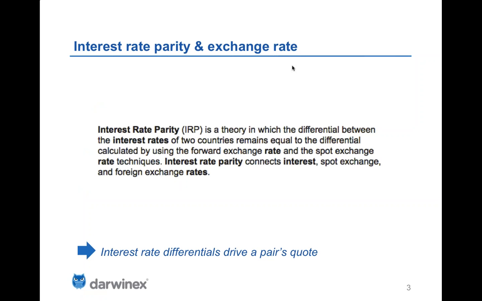So the interest rate parity is the theory that ties together the exchange rate between any two currencies and the interest rate that they quote. The parity connects interest, spot exchange, and foreign exchange rates in the sense that you can hold your money, say, in euros for the next 3 months, and that's going to pay you a certain interest rate as determined by the central bank.